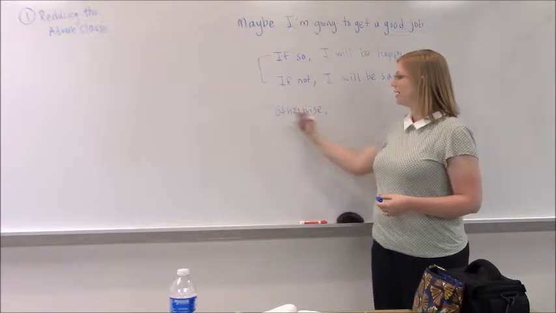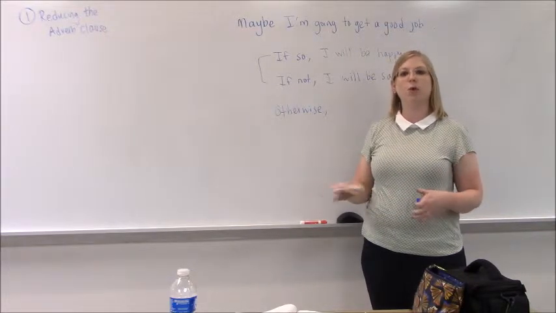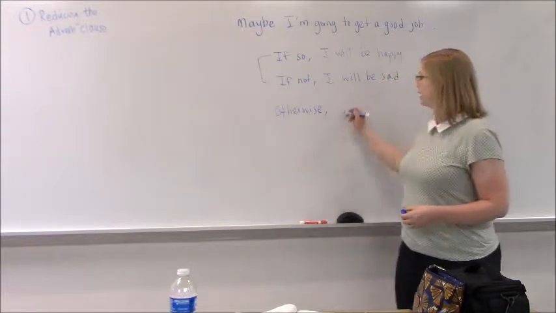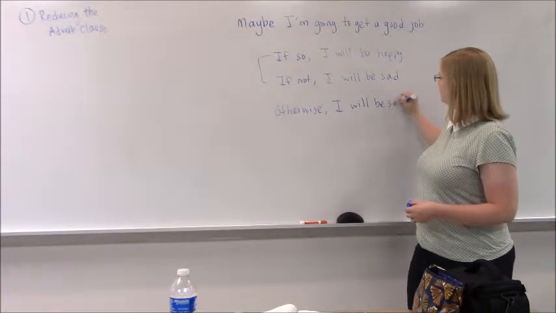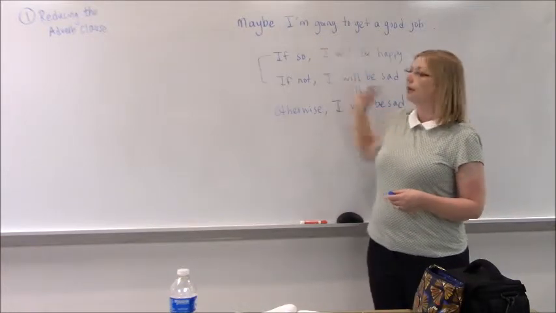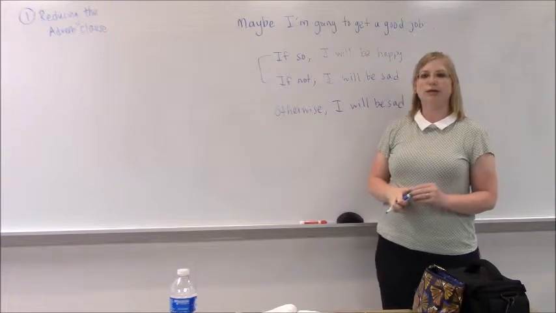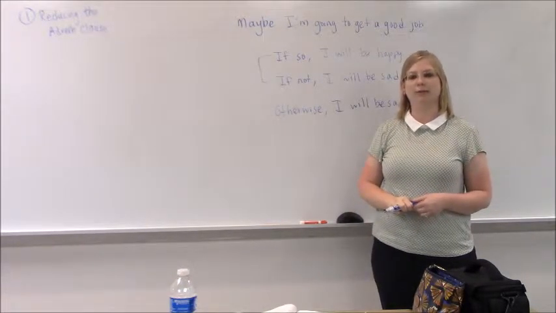But additionally, I can use otherwise. Usually otherwise is used when there's only the negative situation. Okay? So in this case, I could say otherwise I will be sad. So what happened here is I'm going to get a good job, otherwise I will be sad. So it is to show the condition without having to directly repeat it.